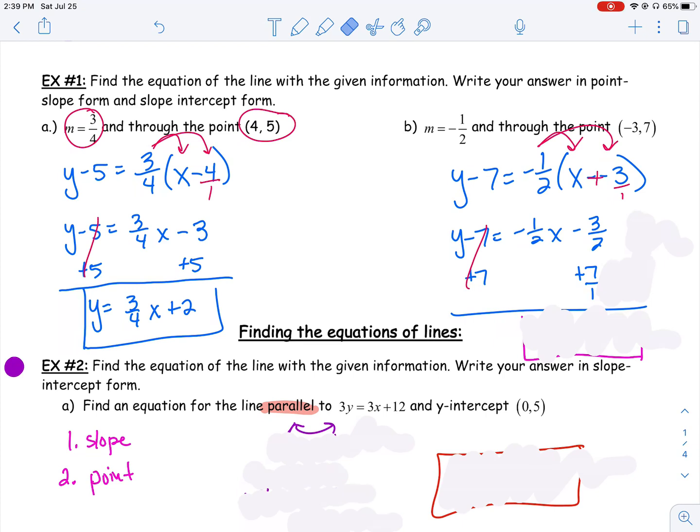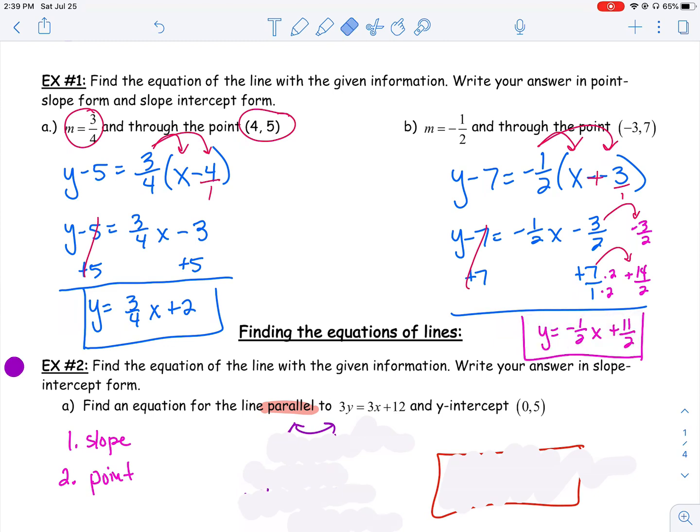So I'm going to go ahead and multiply 7 over 1 by 2 in the numerator and 2 in the denominator, and I ended up getting positive 14/2. So I still have my -3/2, and now I have positive 14/2, which is the same thing as 7. But now at least they have a common denominator, right? And so if I have -3/2 plus 14/2, I really end up with 11/2.